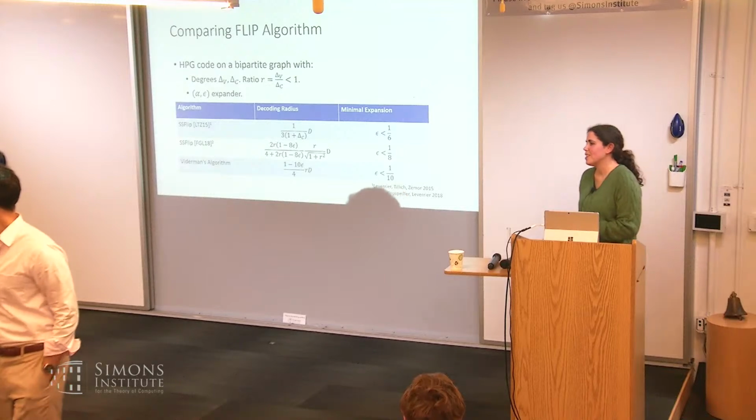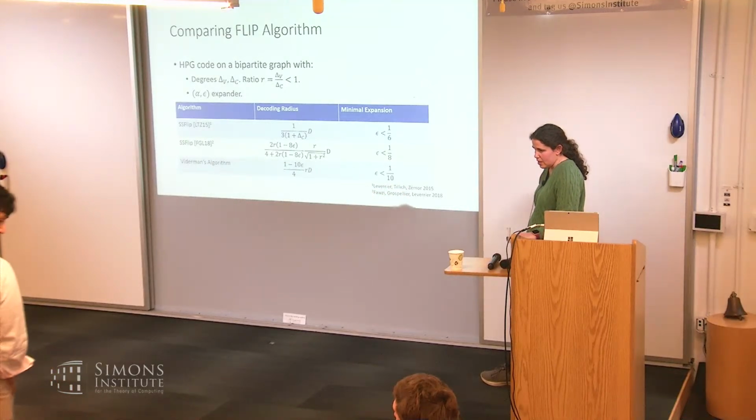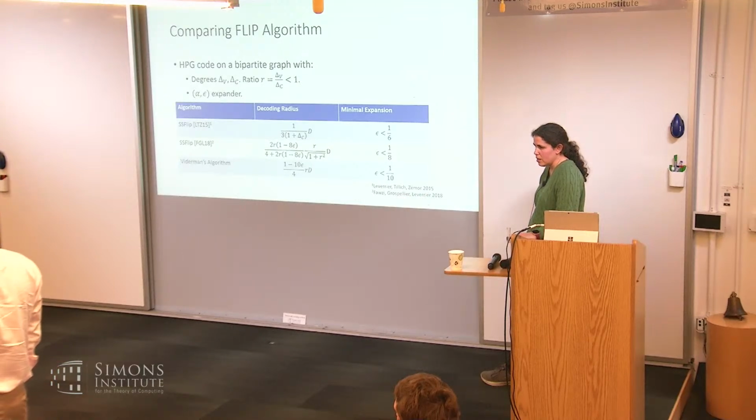Question: if it's difficult to analyze on general LDPC codes, perhaps you could do it for, like, 3-dimensional hypergraph product codes or high-dimensional ones, because they have kind of local structure. Would that be easier to analyze? I know you haven't thought about this. Easier?